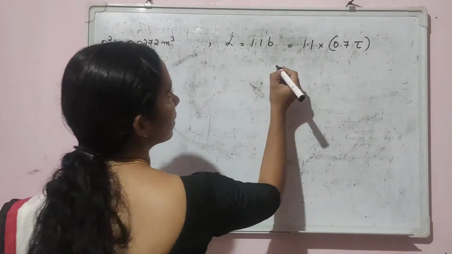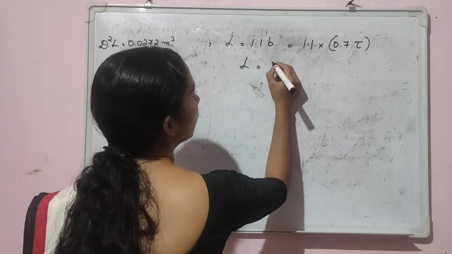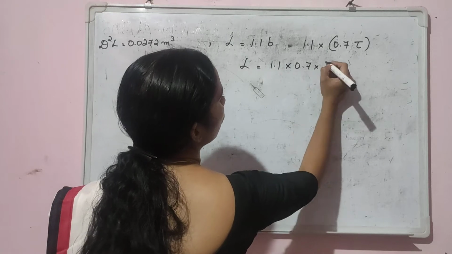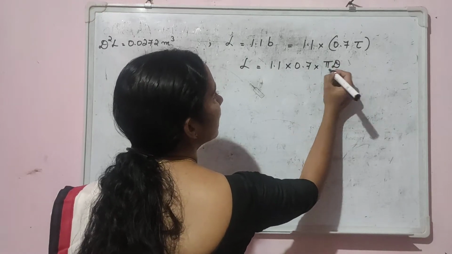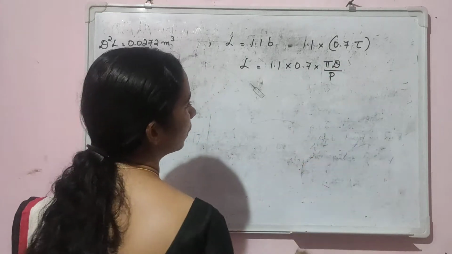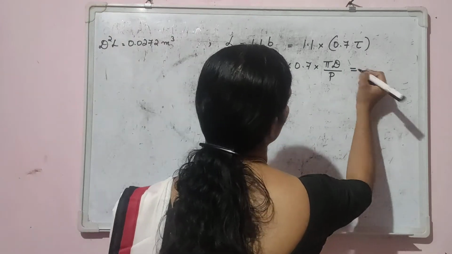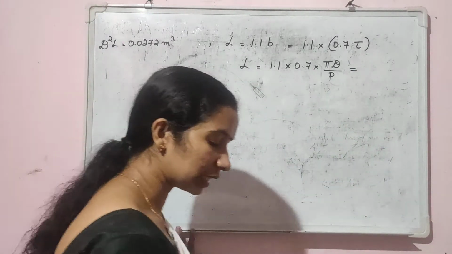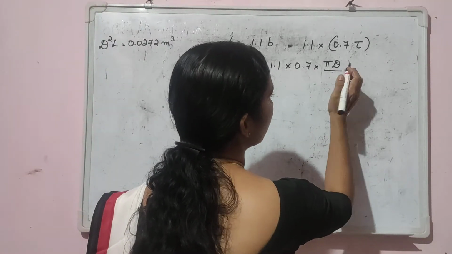So here we can substitute. L is equal to 1.1 into 0.7 into tau. Tau is the pole pitch, that is pi D by P. In this question the number of poles is given as 4.